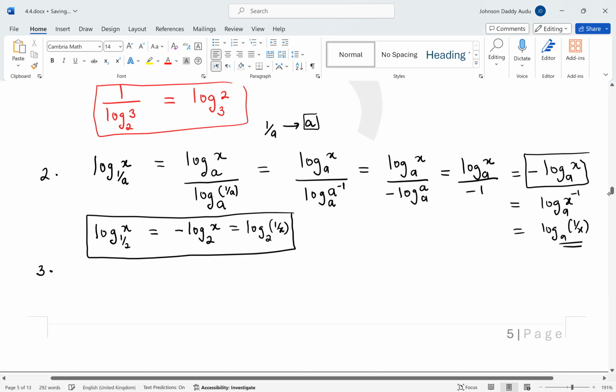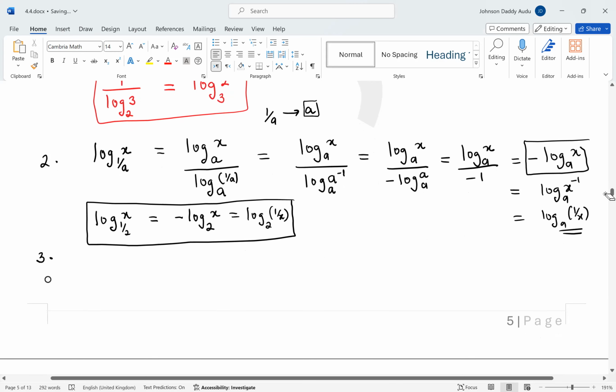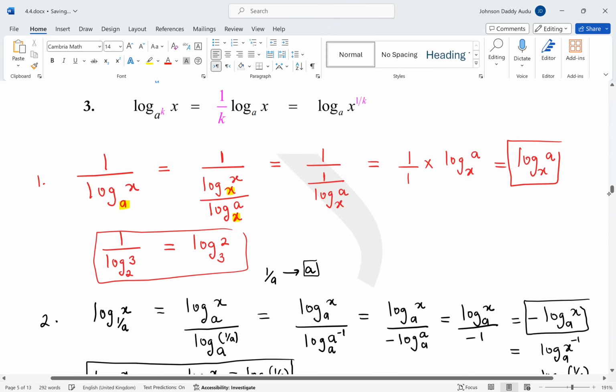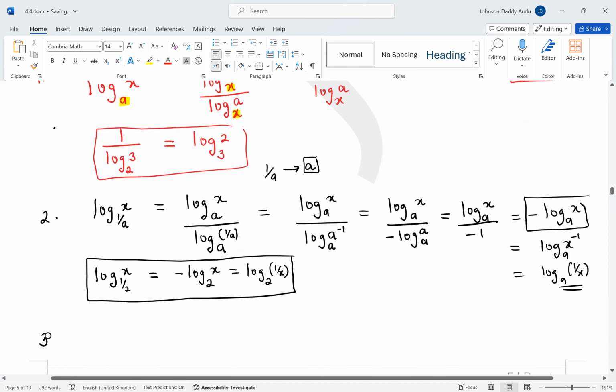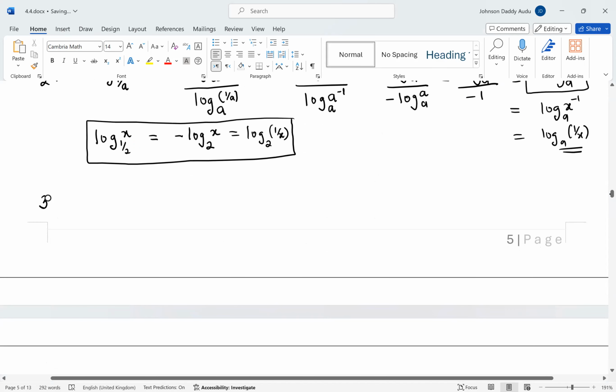Now, let's look at the third fact. The third fact is just a generalization. And what does it say? If you have log to base a of k, it's just 1 over k log to base a of x, and then you can take the 1 over k up. So it's similar to what we discussed here.